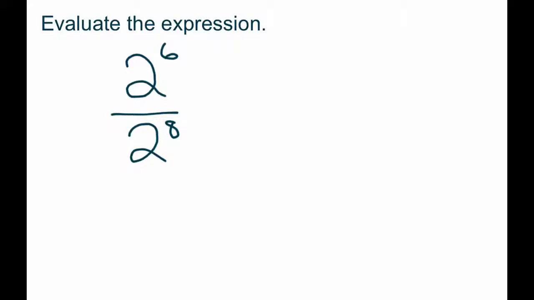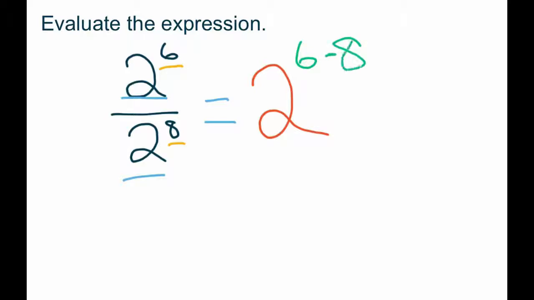Let's try evaluating this expression. Here we have 2 to the 6th power divided by 2 to the 8th power. As you remember from our previous videos, if it has the same base, which here is 2, we rewrite our base, and because they are divided by each other, we take the top exponent, which is 6, and subtract the bottom, which is 8.